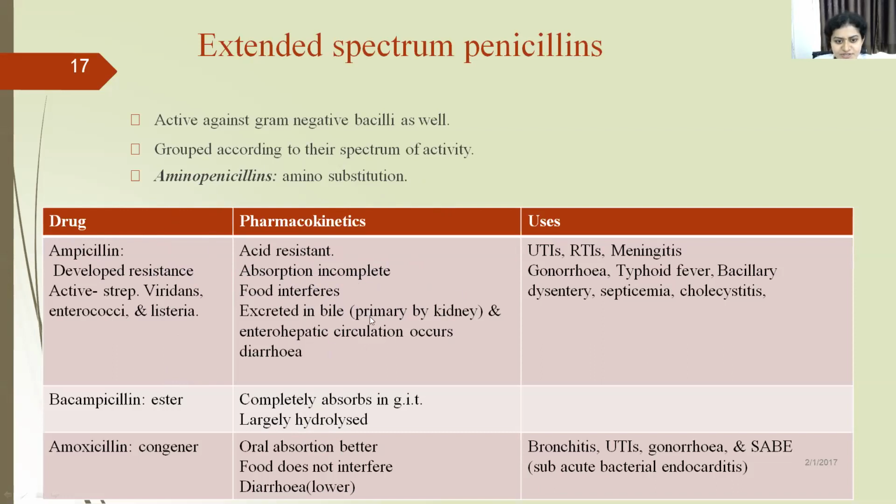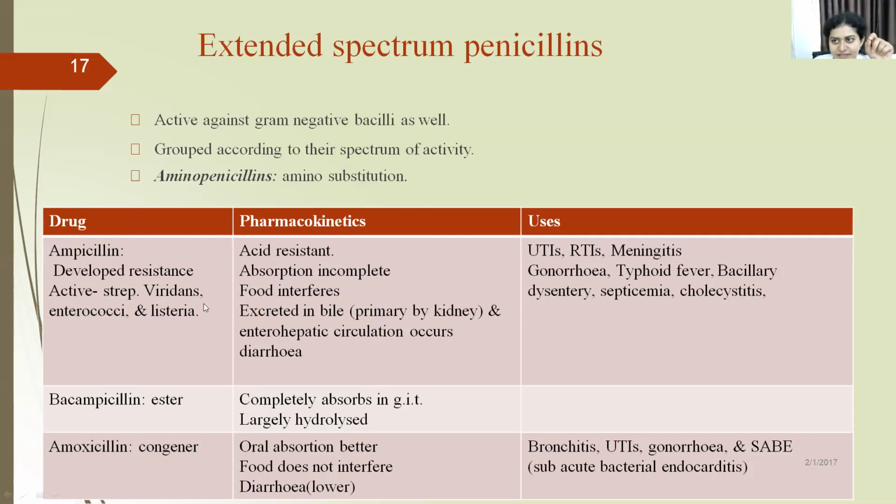Excretion is mostly by the kidney, also in the bile, and it undergoes enterohepatic circulation. The main side effect of ampicillin is diarrhea. Whereas with amoxicillin, oral absorption is better. Food does not interfere with the absorption of amoxicillin, and the risk of diarrhea is less compared to ampicillin.